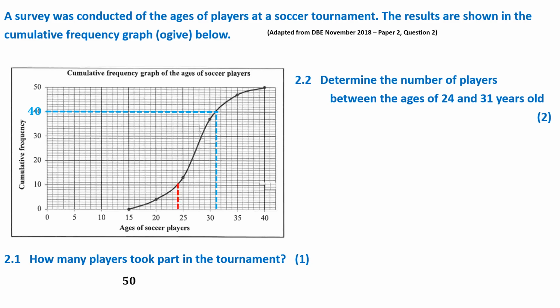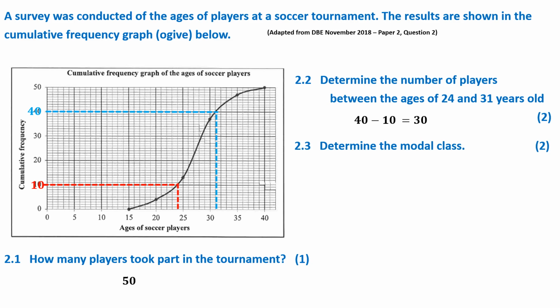So I go to 24 on my x-axis because that's the age of the players. Take it across to the frequency, and I estimate that at 10. So how many people were between 24 and 31? 40 minus 10 gives me 30 players. So you would get a mark for taking those readings correctly and a mark for subtracting them to get 30.